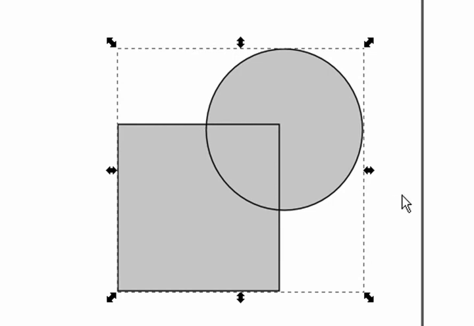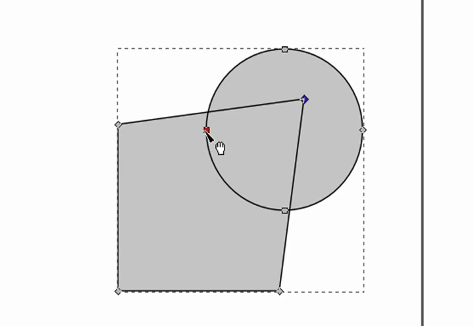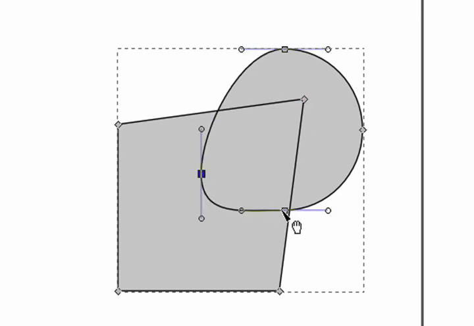What's interesting about combine, this is going to play a lot bigger role when we get into node editing, but all of these nodes are now able to be edited. And let me just show you this real quick. I'm not going to explain what I'm doing, but just know that if I wanted to edit this thing as it has been combined, I could come in here and I could change all of these nodes.